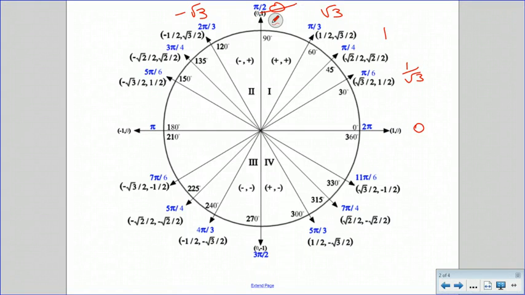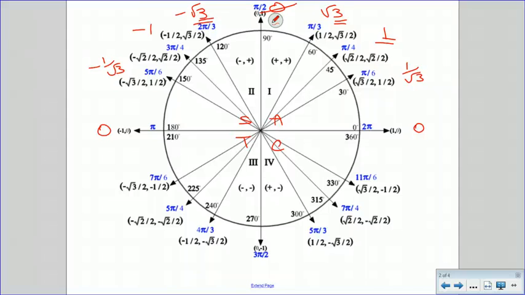But because it's in quadrant 2, according to the CAST rule, tangent's negative. Hey folks, do you see a pattern? Root 3, negative root 3. 1, but negative 1. Tangent's negative. Would this be negative 1 over root 3 then? And wouldn't this be 0? Absolutely.